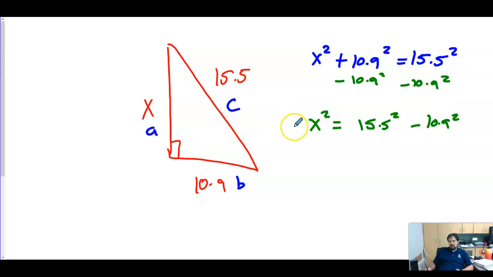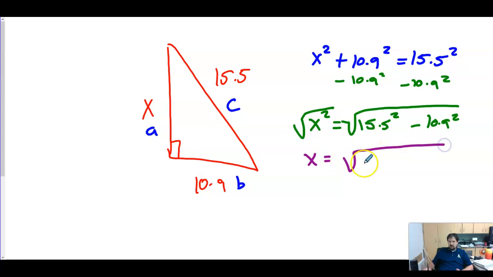And now to get rid of the squared, I'm going to take the square root of both sides. And I'm going to say x equals the square root of 15.5 squared minus 10.9 squared. Okay? And now you can put this all into your calculator at once and see what you get.